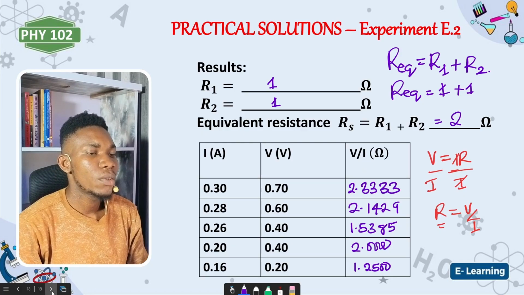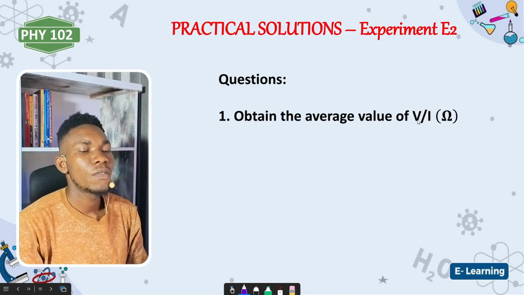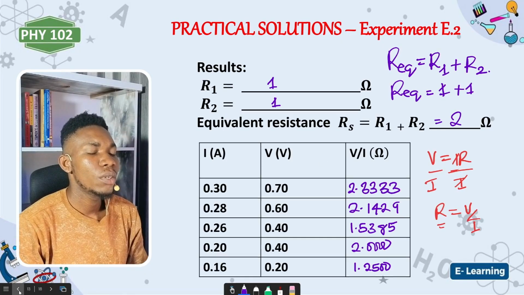Now, the question here says, obtain the average value of V over I. How do you get the average? You add everything here together and divide by the total number, which is 1, 2, 3, 4, 5.